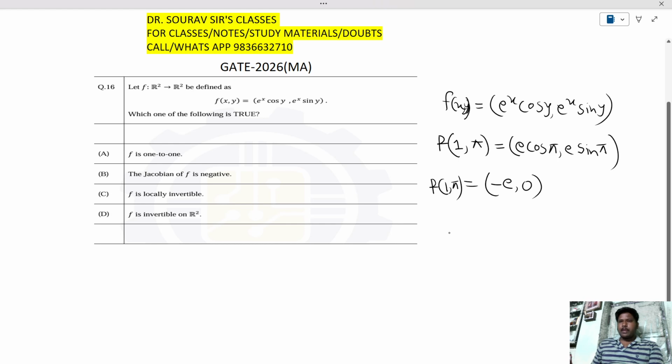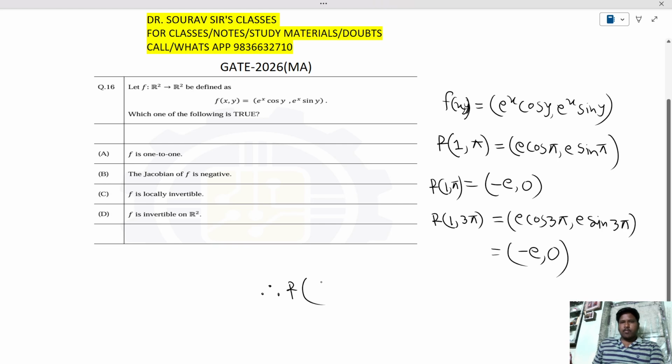Okay, then again if we put f(1, 3 pi), then again we see that this gives e cos 3 pi comma e sin 3 pi. So what will be the expression? Final expression is minus e comma 0. So we see that therefore f(1, pi) is equal to f(1, 3 pi).